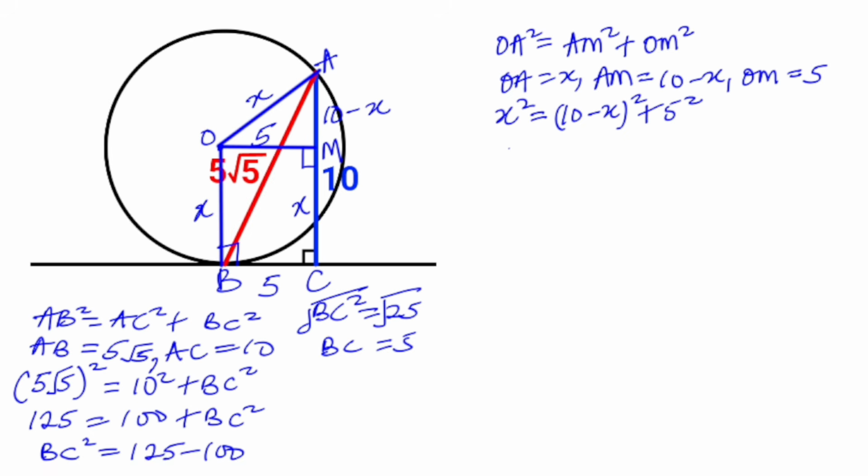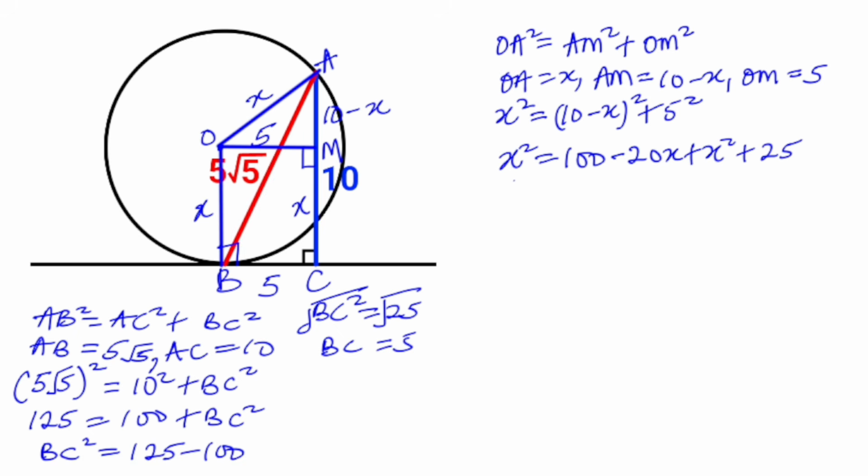Simplifying this gives us x squared is equal to 100 minus 20x plus x squared plus 25.